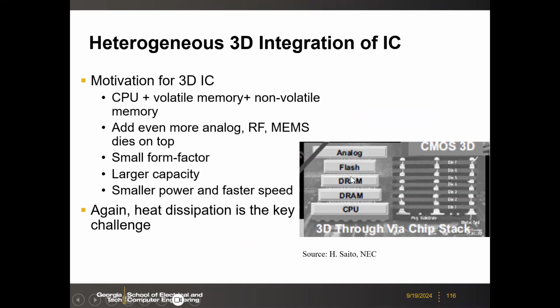So here you can even have flash memory, front-end circuits, and also CMOS image sensors, and so on. So you can have different dies vertically stacked, and that creates this heterogeneous 3D system. Of course, thermal and power delivery will be the challenges.